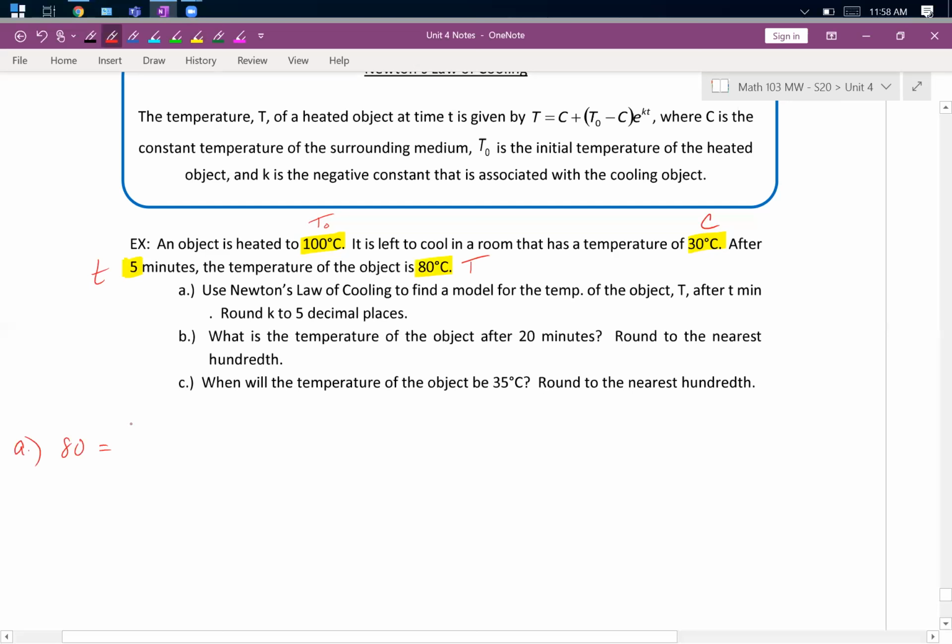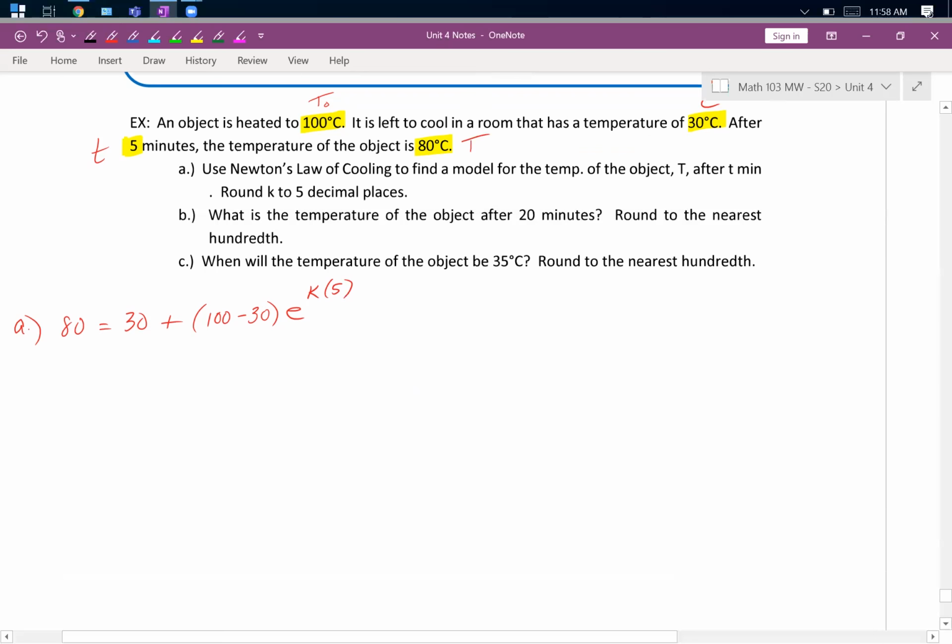80 equals 30 plus 100 minus 30 times e to the k times 5 power. We know that we have to isolate the exponential portion of the equation to rewrite it in logarithmic form, but I'd do some cleanup first.